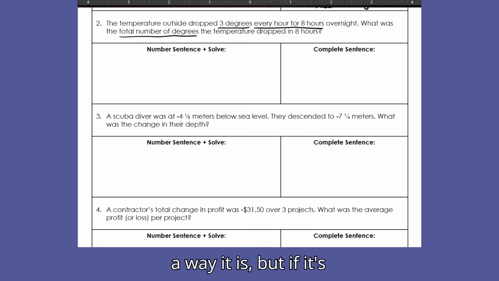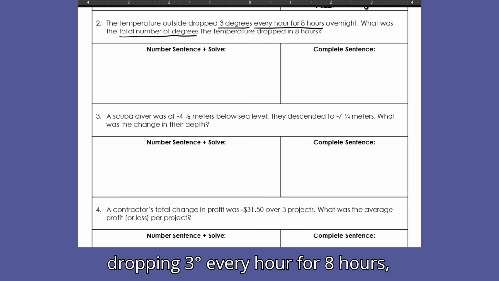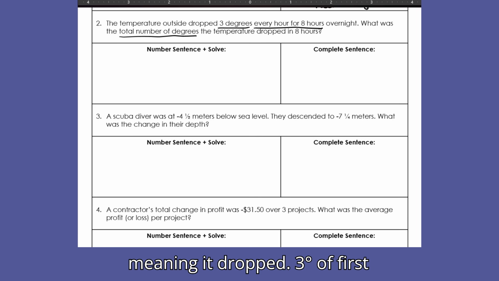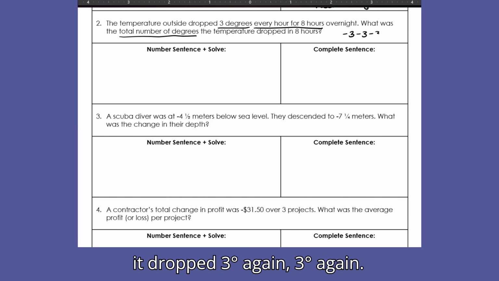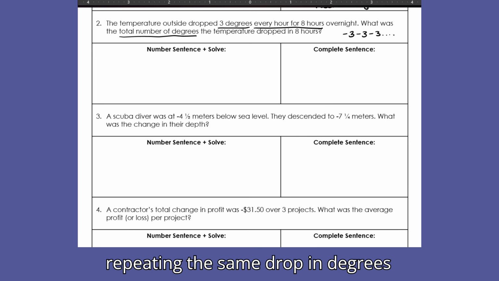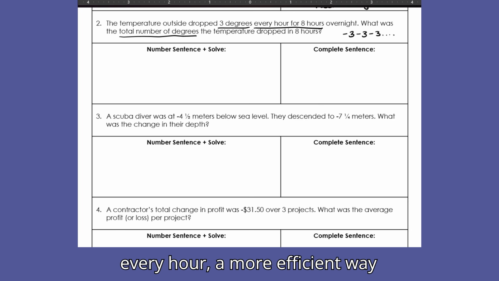But if it's dropping 3 degrees every hour for 8 hours, meaning it dropped 3 degrees the first hour, and then it dropped 3 degrees again, 3 degrees again, we know that if we are repeating the same drop in degrees every hour, a more efficient way of repeated addition would be multiplication.